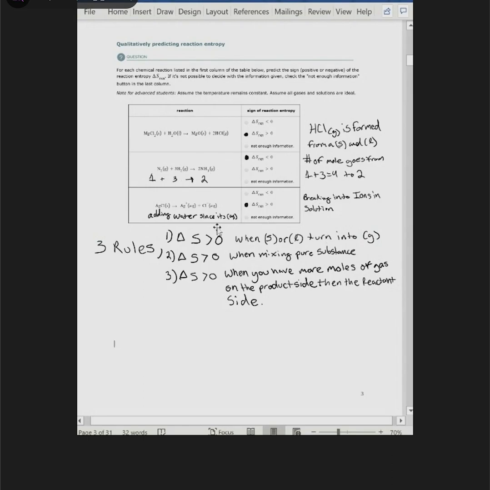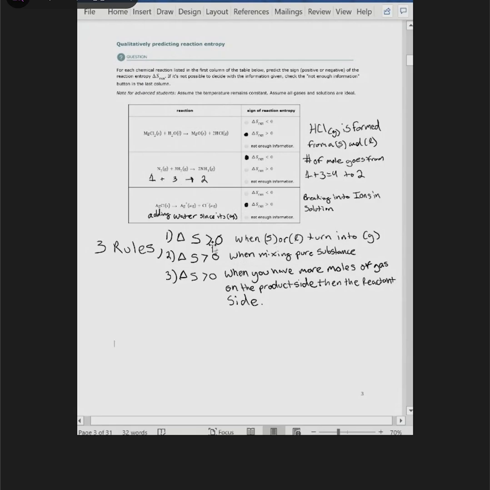So let's look at the question. So we have this reactant making this product, and we want to figure out what's happening. Well, look at our rules and see if any of them match up with this. Well, we see a solid and a liquid, and the product is a solid and a gas. I apologize for that.